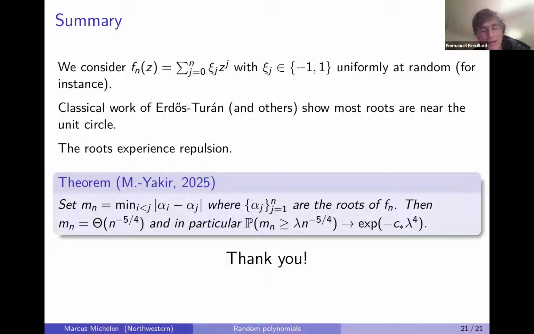My other question is about M_N. I would like to understand what happens when M_N is very small, and maybe get an upper bound on the probability that M_N is very small. Do you have results in this direction? I think we probably could get such results, but it depends on the scale.